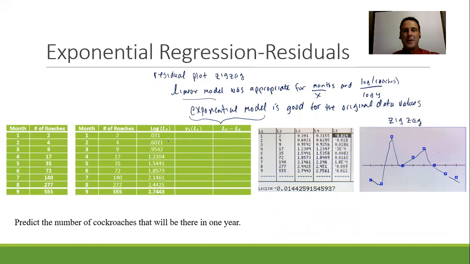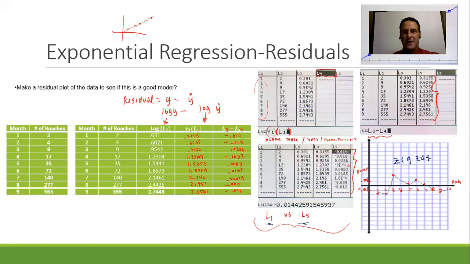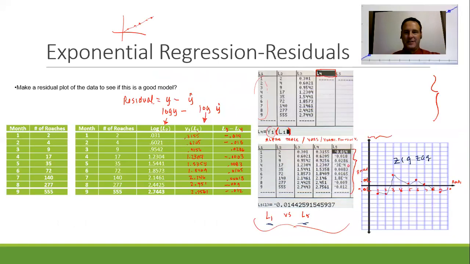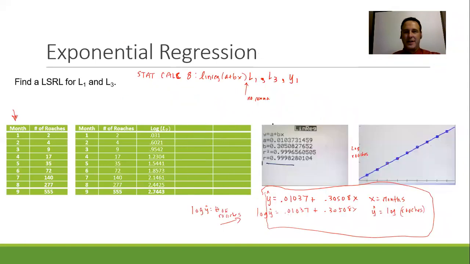Now, if you remember what your model was that we found, it was, let's say scoot back a couple, it was this guy. Okay, it was y hat equals 0.01037 plus 0.30508x. Let me write that down real quick.